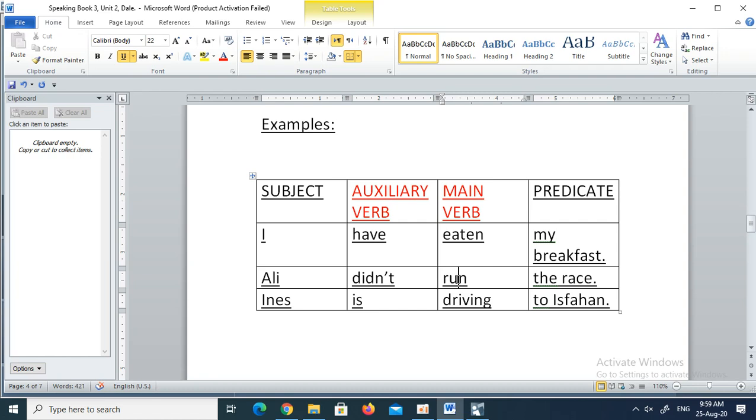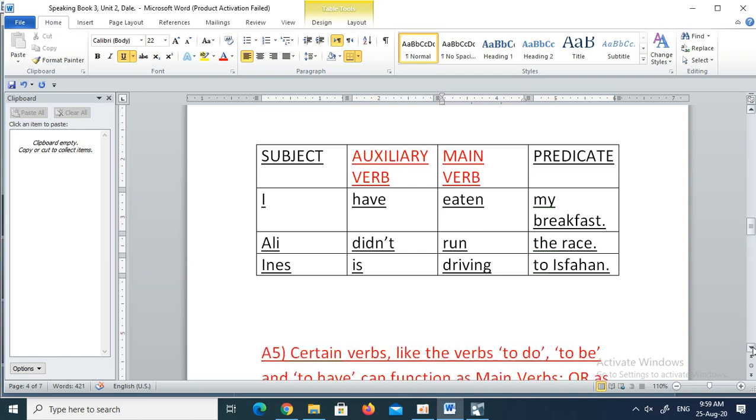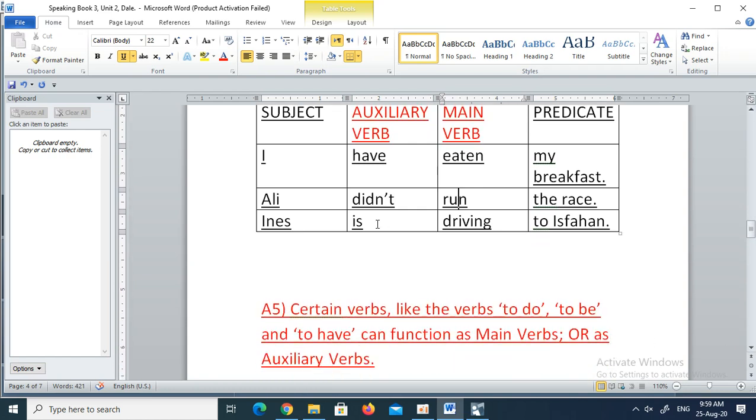And the main verb is then coming second of the two verbs. If we look at our last example, Inaz is driving to Esfahan. Driving is our main verb, and our auxiliary verb is the word is. And again, the auxiliary verb is coming in front of the main verb.